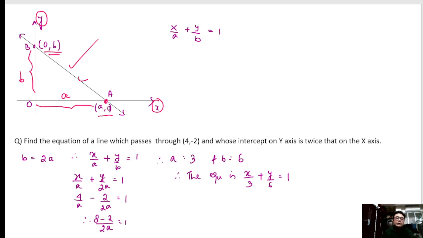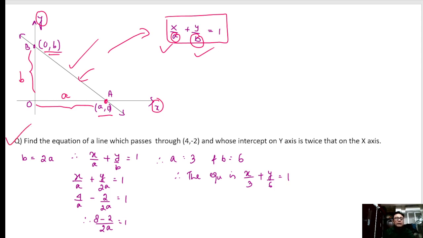What will be the equation of this line? The equation of this line will be x/a + y/b = 1. Here a and b are the intercepts on the x-axis and the y-axis. Clear? So this is the only thing about the intercept form, and now let us move ahead and see what type of sums are there.